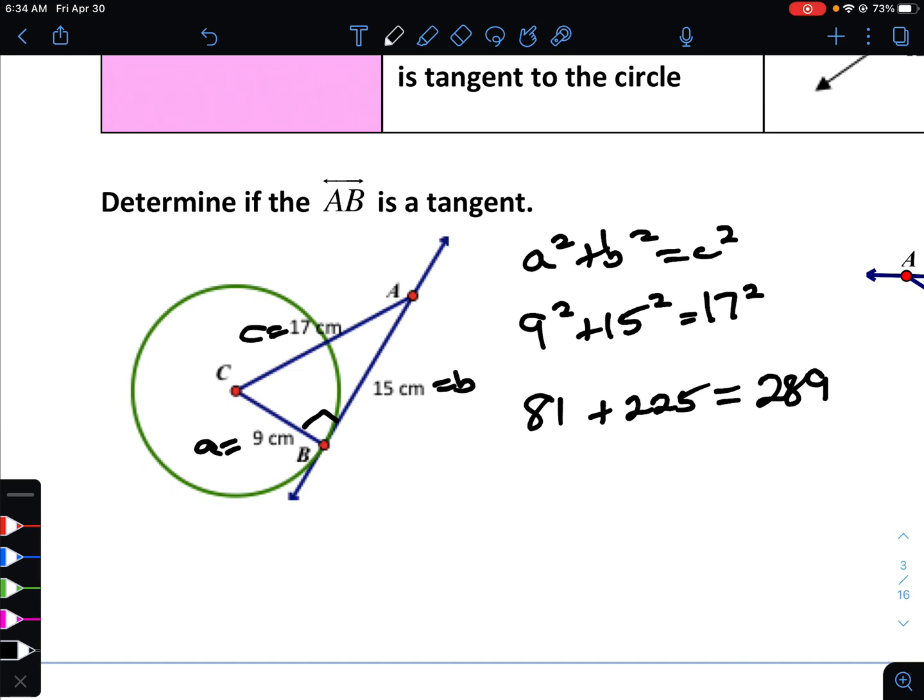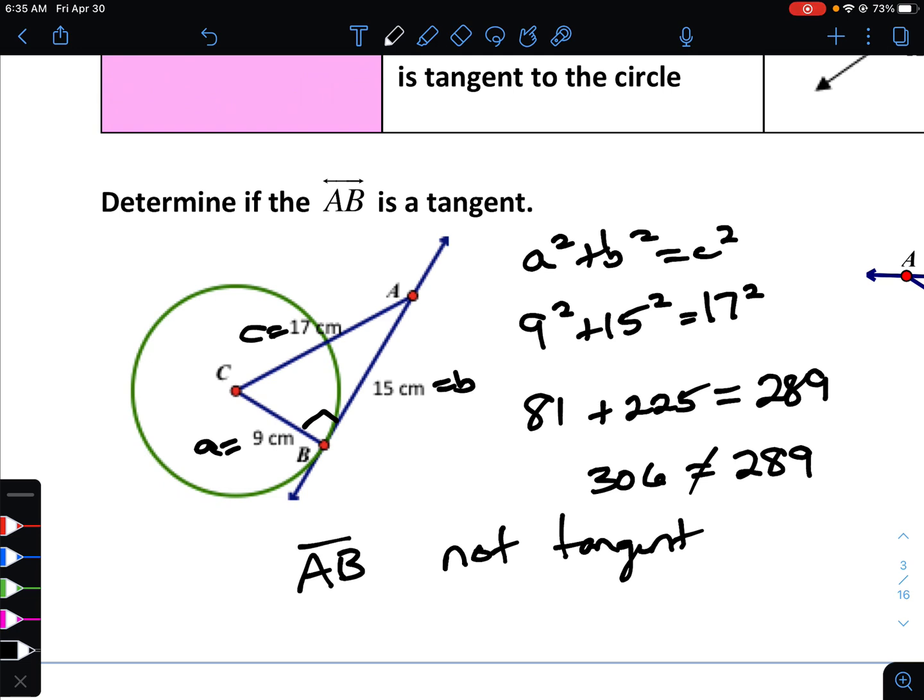On the left side, 81 plus 225 is 306, and 306 definitely does not equal 289. That means the Pythagorean theorem is not true, so this is not a tangent. So again, line AB, I think is what they called it, is not tangent.